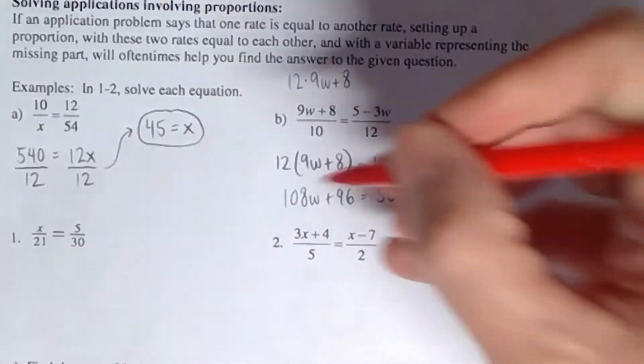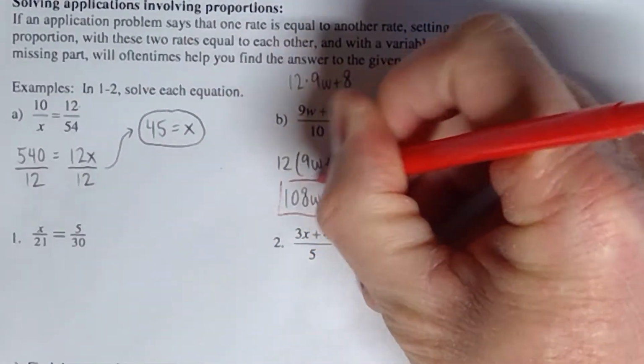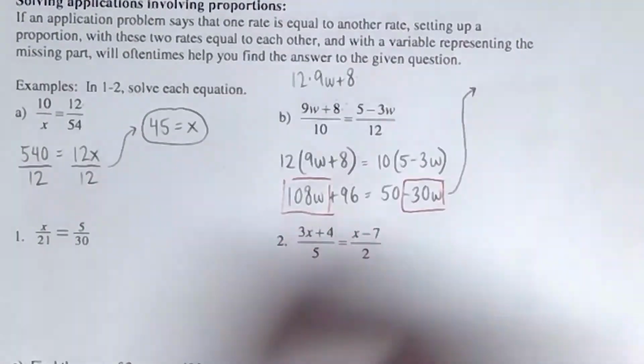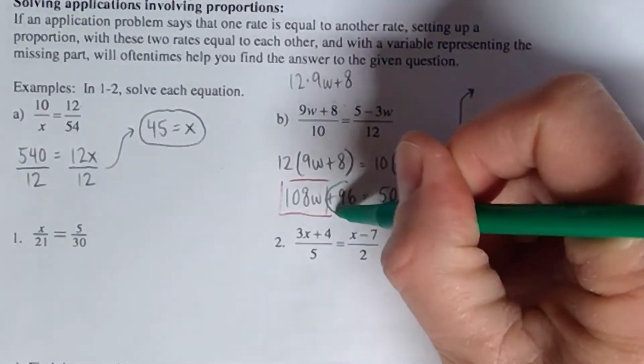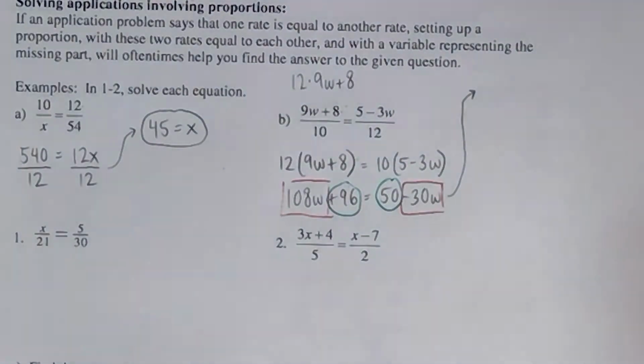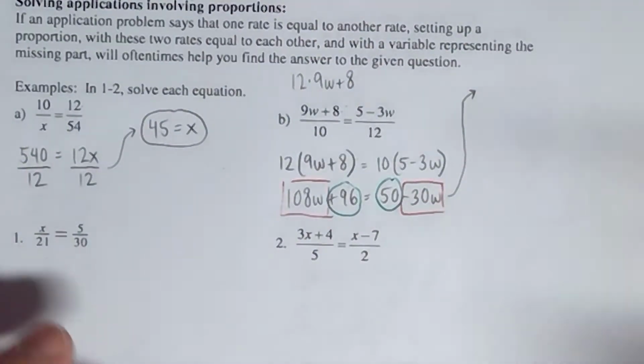Okay, in other words, these two terms need to be brought together, and these two terms that don't have the variable in it need to be brought together. Okay, and so we do that by adding and subtracting.